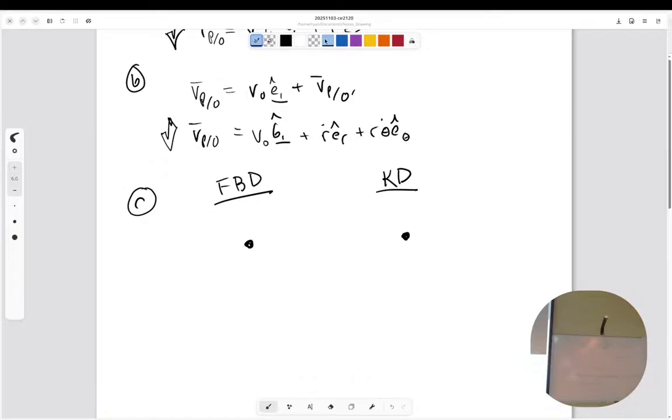Here, I'll draw, just to give us a frame.